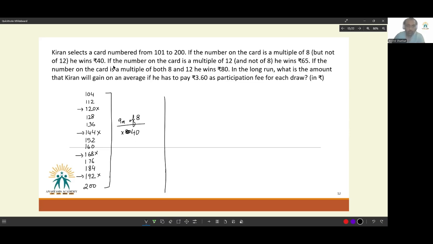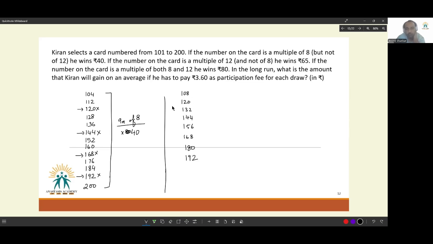Okay. Then if the number on the card is a multiple of 12 and not 8, he wins 65. Let's list out all multiples of 12 in this range also. 108, 120, 132, 144, 156, 168, 180 and 192.